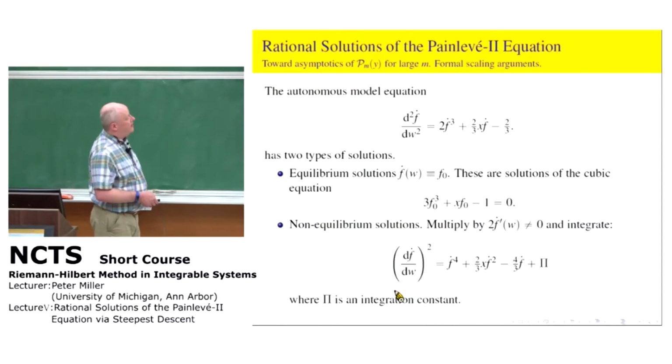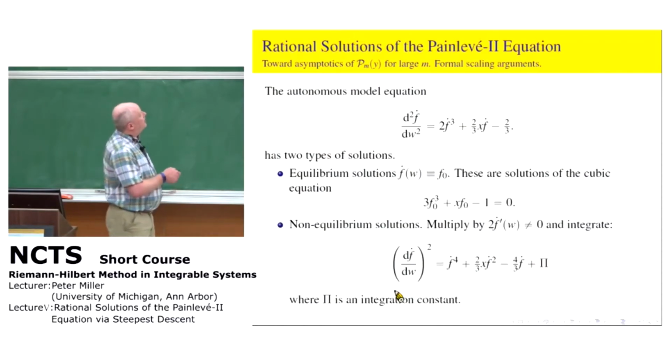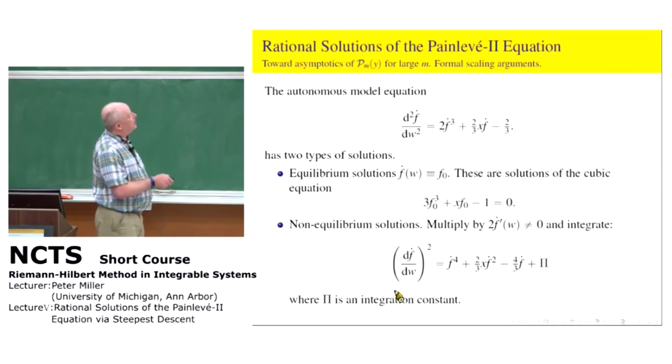Okay, so this autonomous model equation that we just wrote down has two types of solutions. The first ones are the equilibrium solutions, where the f dot function doesn't even depend on w. So the left-hand side is 0, and the right-hand side then has to also be 0. And if you clear things out a little bit, you find that this f naught should satisfy this cubic equation right here.